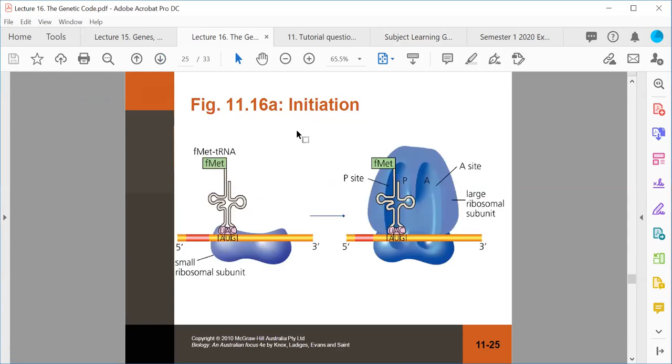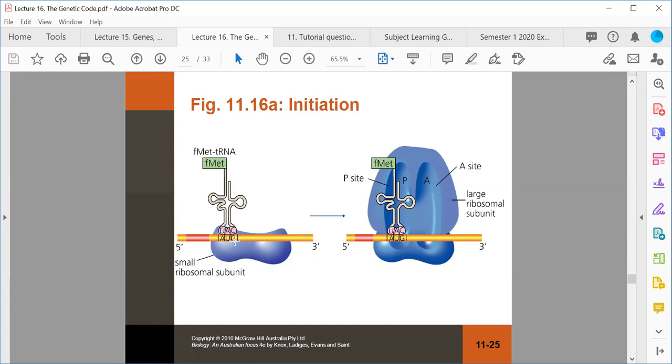So here we have initiation of translation. So let's just look at the left here. So we have in blue, we have the small ribosome subunit, and we have the messenger RNA molecule that is bound.